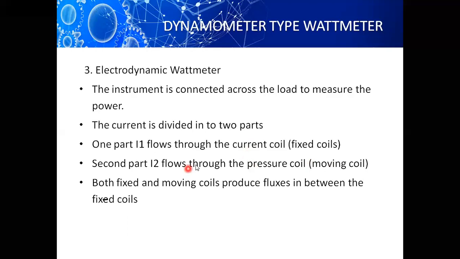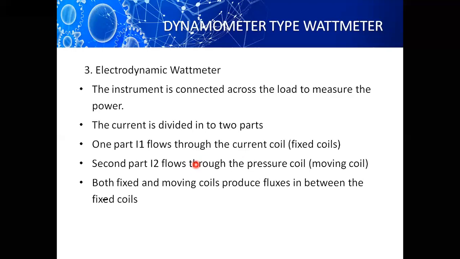The second part of the current, I2, is made very less by manufacturing our pressure coil in such a manner that it is made up of thin or fine wire. We have seen in our previous slides that this pressure coil is made by fine wire. When it is made by a fine wire, it is going to offer large resistance.